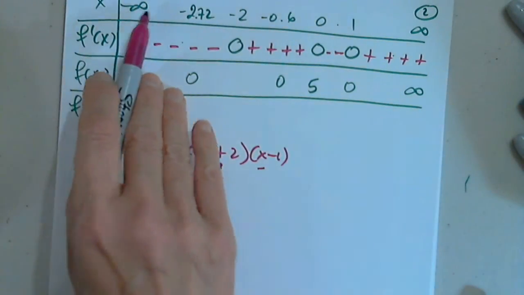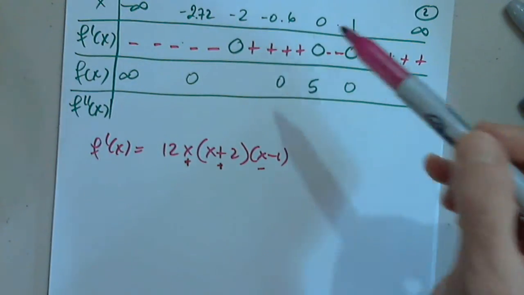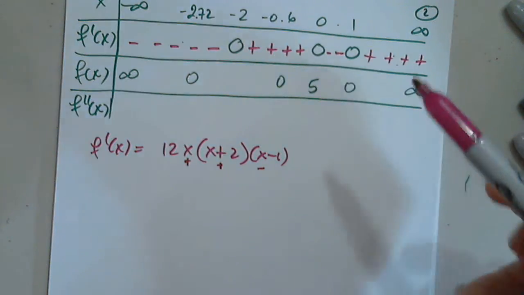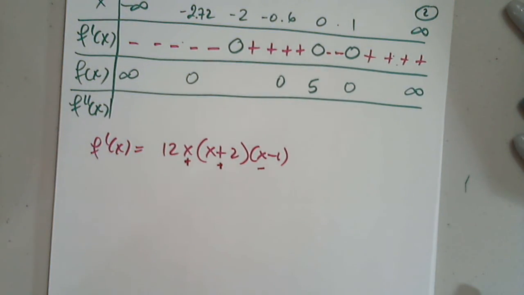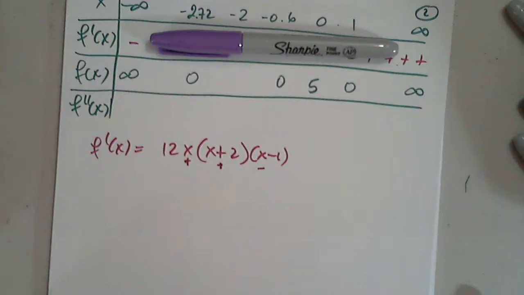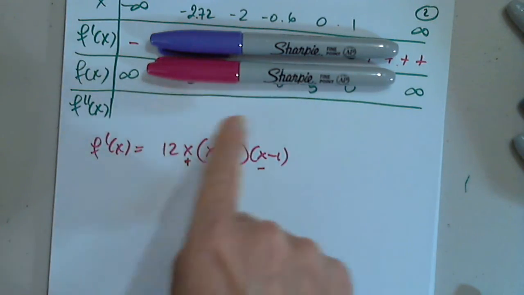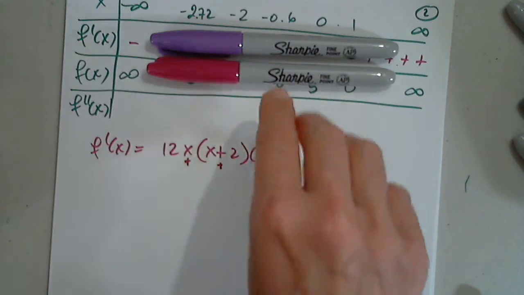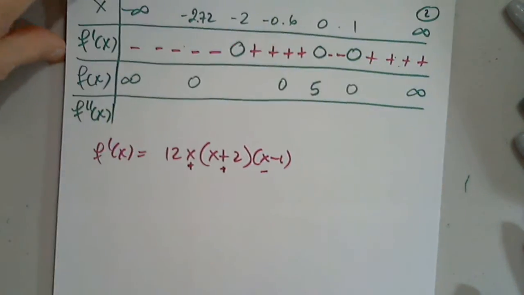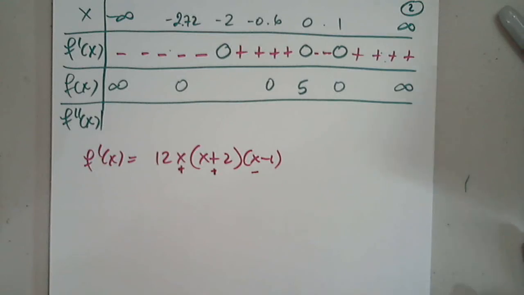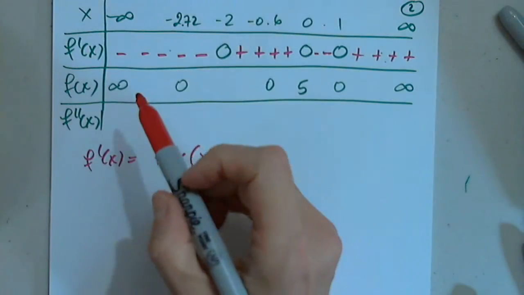I tested with -10, I tested with -1, I tested with 0.5, and I tested with 10. Now, as you know, this is the moment of truth. This is when I catch my mistakes, because if these two rows are not in sync, I'll say, oops, and go back to the drawing board, start from scratch. Okay, so let's see.